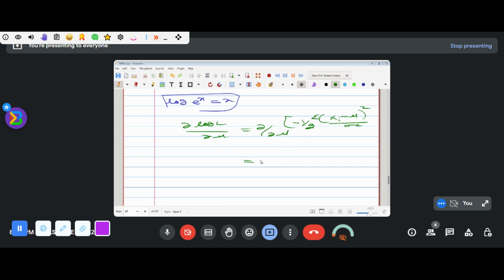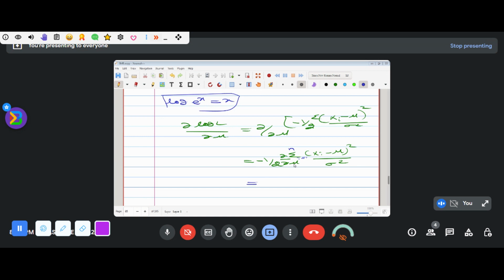Minus 1 by 2 is a constant term, therefore I take minus 1 by 2 outside. What is the remaining term? Dou by dou mu of (xi minus mu) the whole square divided by sigma square. This sigma square is independent of the summation, i varies from 1 to n, therefore this is also a constant term.